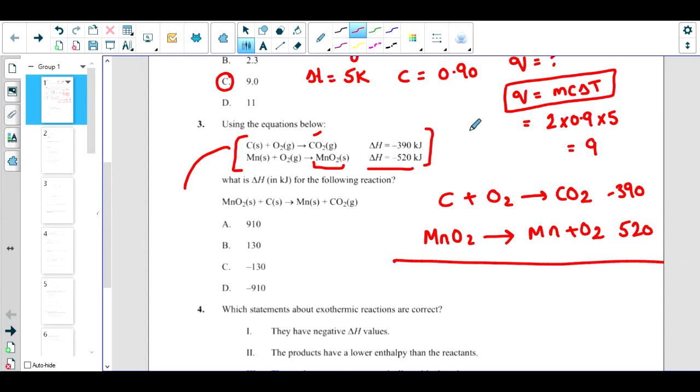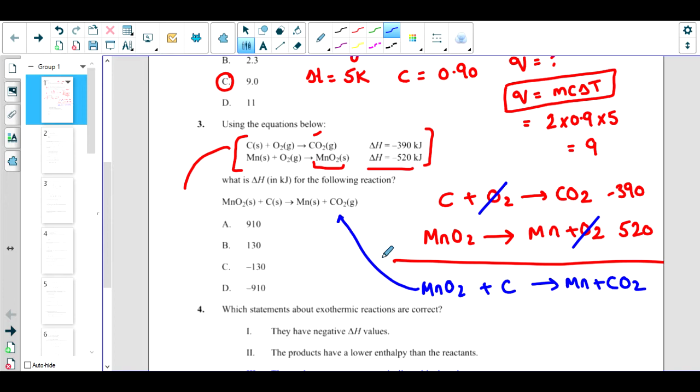Now let's solve these two equations. You see here, this O2 cancels with this O2. What's left for us is MnO2 plus C will give us Mn plus CO2. When you get this equation, it should be the same as the main equation. If it is the same, it means you have done it correctly.